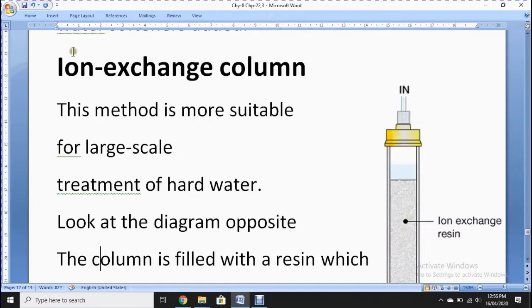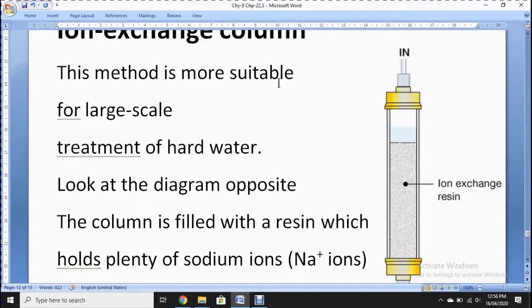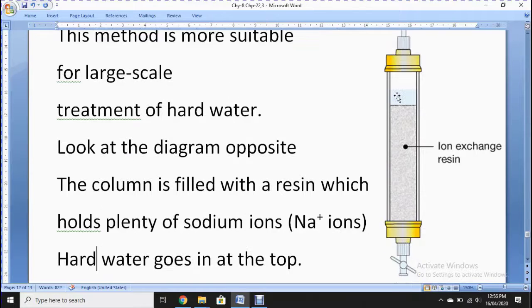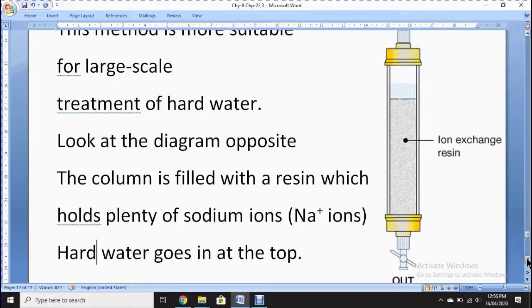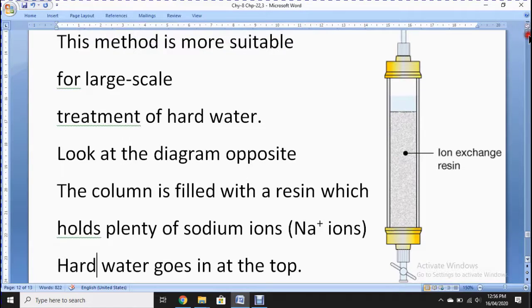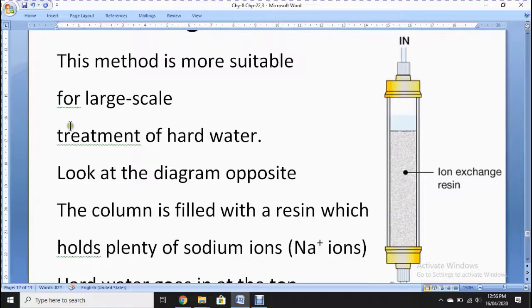Now the second method is the ion exchange column. So what is this? You can see here a column, which we name an ion exchange column. This method is more suitable for large scale. If you want to treat water on a larger scale, then you use this method named ion exchange.